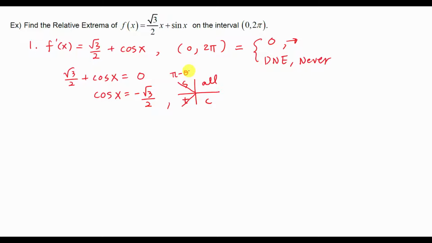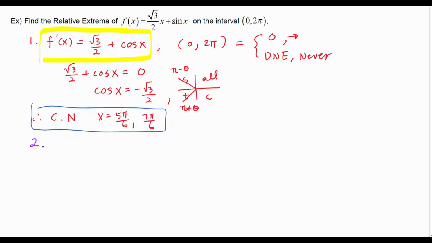So pi minus pi over 6, x equals 5 pi over 6. And then the reference angle for the third quadrant is pi plus theta, which is pi plus pi over 6. So that will give me 7 pi over 6. So these are my critical numbers in the interval 0 to 2 pi.